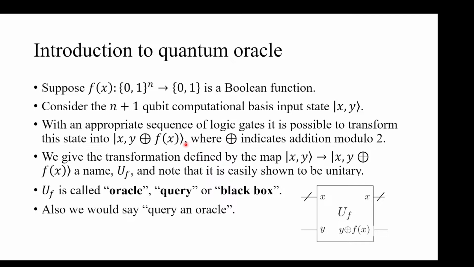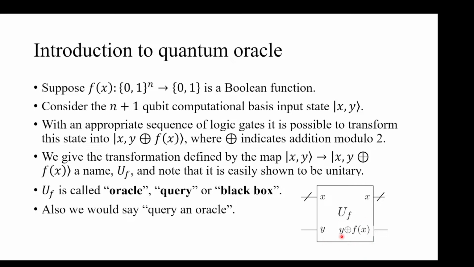So you take the input state x, y, where x is the input to f of x, and the y register is where you will write down the output of f of x. After you apply this UF, the input stays as x, and the output register is where you write your f of x.